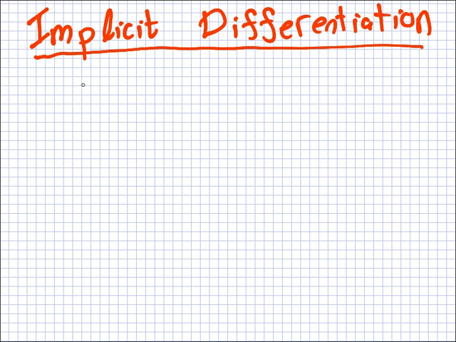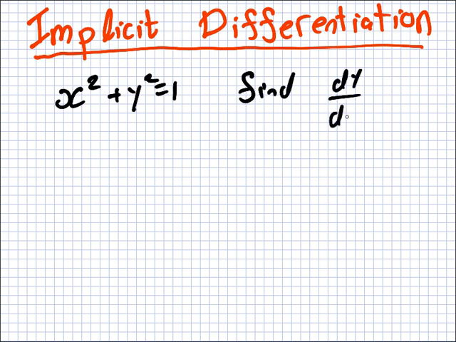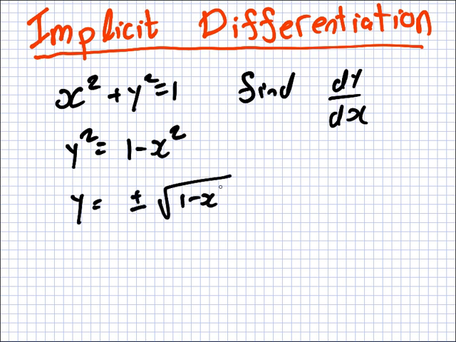So here's the idea. Suppose I had a problem like this, and I said x squared plus y squared equals 1, and I ask you to find dy/dx. Well, one problem is that you have to rearrange to make y the subject, because you don't actually have y yet. So you could say y squared equals 1 minus x squared, and y equals plus or minus root 1 minus x squared, which is plus or minus (1 minus x squared) to the power of a half.